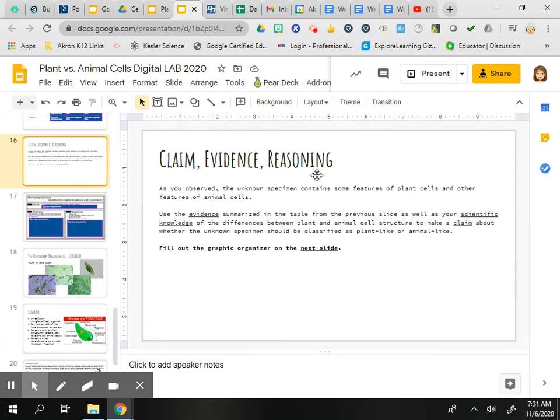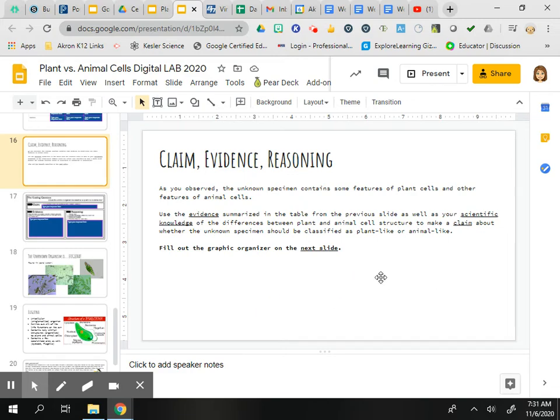So then, as you observed, the unknown specimen contains some features of plant cells and other features of animal cells. Use the evidence summarized in the table from the previous slide, as well as your scientific knowledge of the differences between plant and animal cell structure, to make a claim about whether the unknown specimen should be classified as plant-like or animal-like.